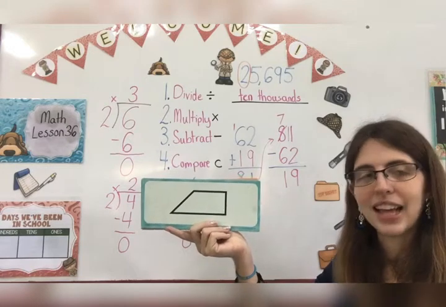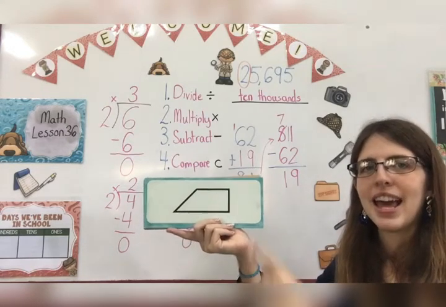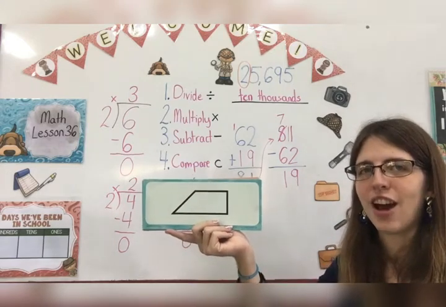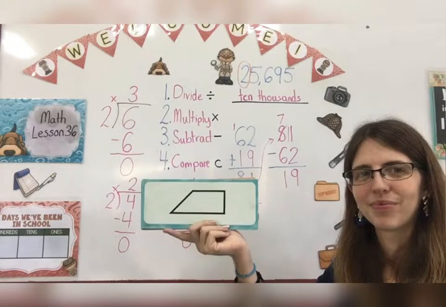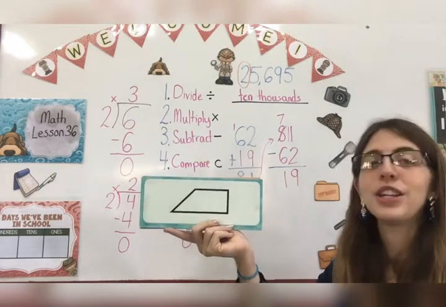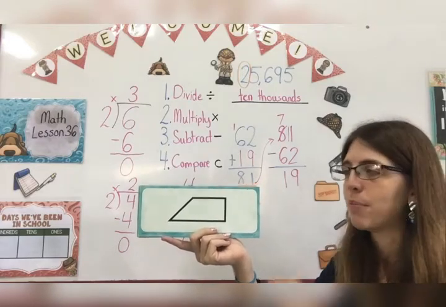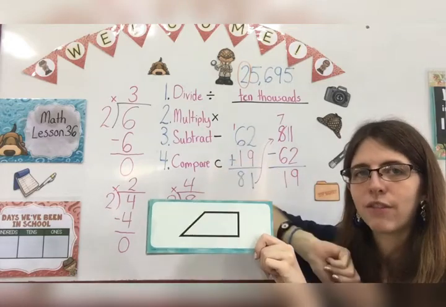Letter B says parallelogram. Is this shape a parallelogram? What do you think, Josh? If you said no, you are correct. It is not a parallelogram. Remember, the opposite sides of a parallelogram will never cross.